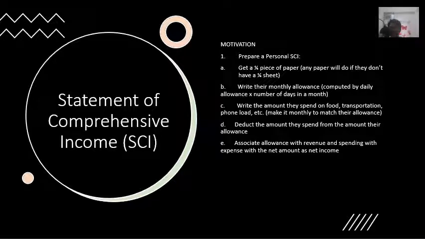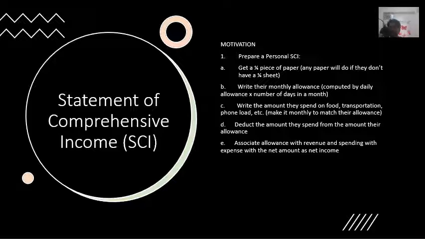Then, write the amount you spend on the following: food, transportation, load, etc. So all the things you pay for, you will put there. Make sure that it matches the period you assumed in letter D, which is 1 month.